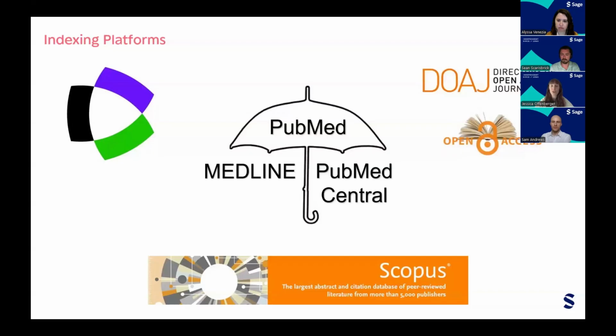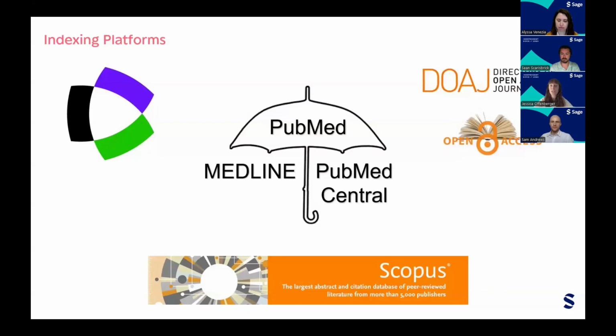Moving forward to Scopus. Like Clarivate, Scopus indexes content in a database and also produces annual metrics reports. The CiteScore is produced by Scopus, and the SCImago score is based on Scopus data. Scopus does review journals for the presence of ethical policies and clearly stated peer review processes, so another good database to look at.